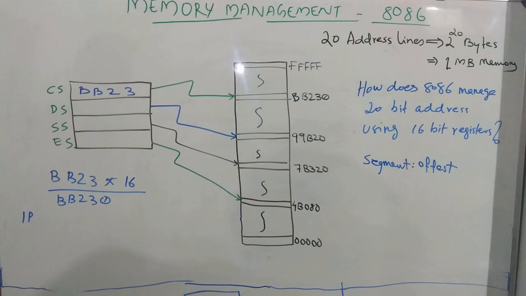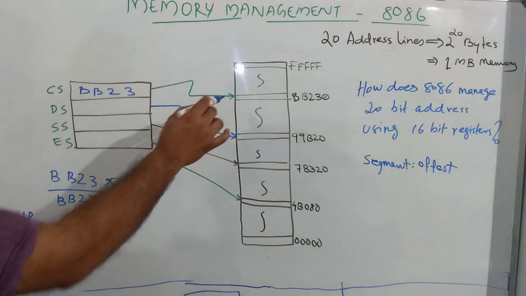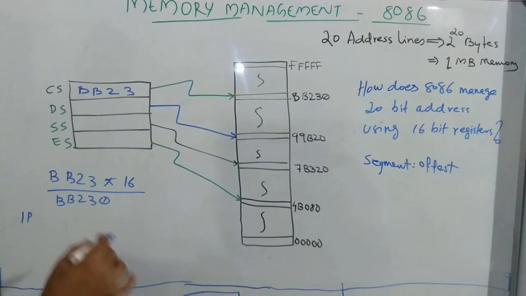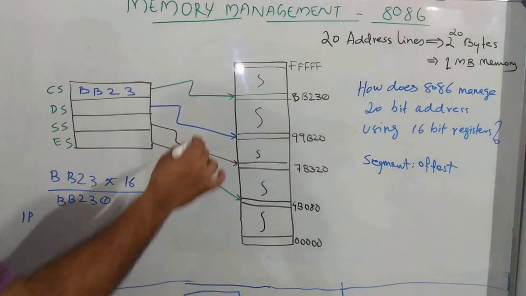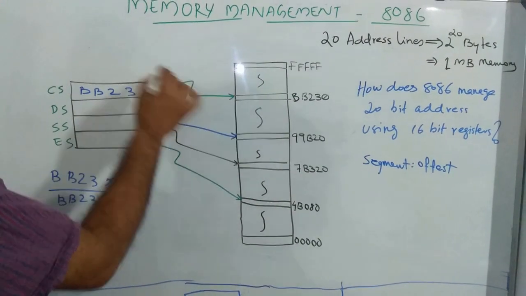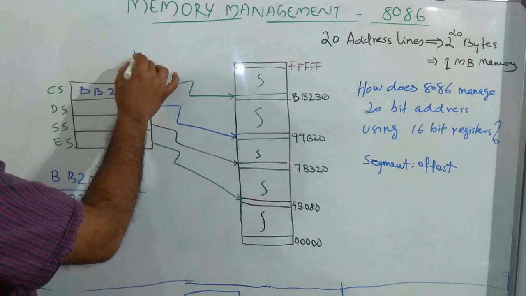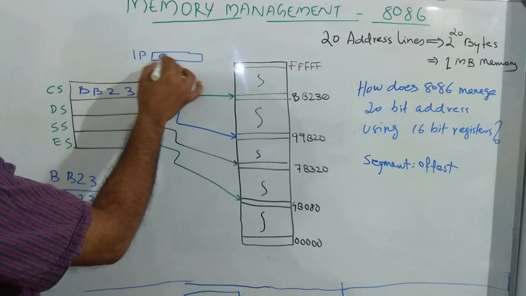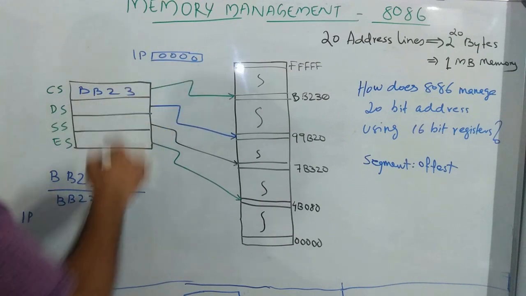We have seen offsets are the displacement from the starting address. The offset of the first byte is 0. So your IP register will be holding the 16-bit value 0000.